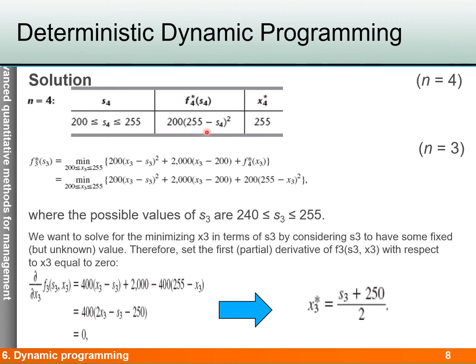Based on the table in the previous slide, this is the total cost of the spring for our example. How? When the S4 is between 200 and 255. Okay, why 200? Because this one comes from winter, as we know.